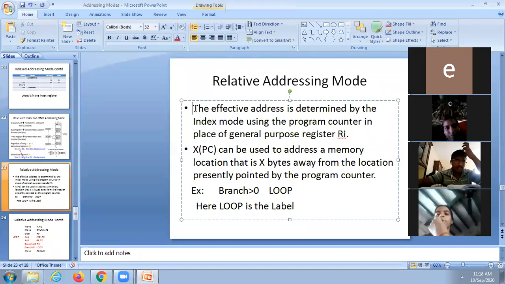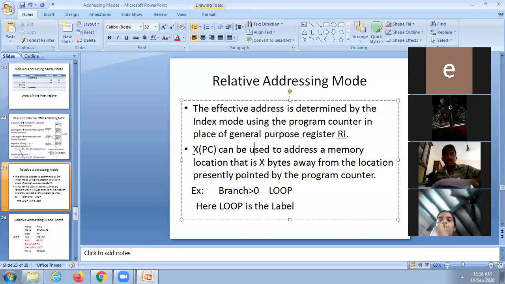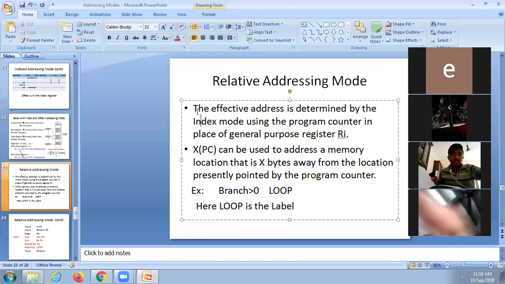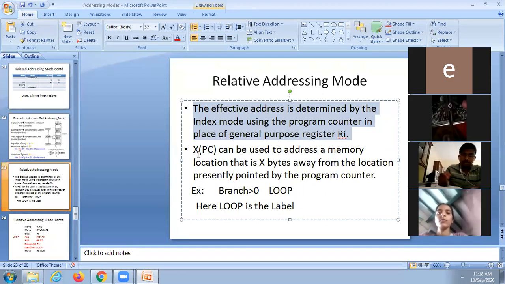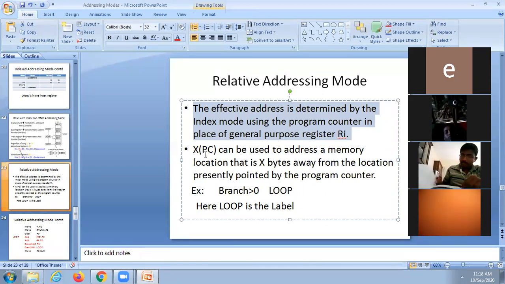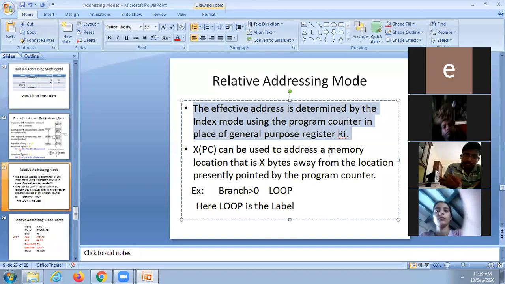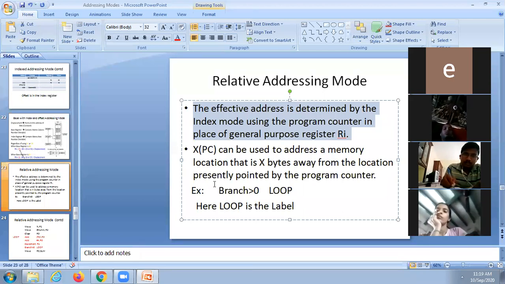This you need to write. Only these two are sufficient. This you can note down. Next, X of PC can be used to address a memory location that is X bytes away from the location presently pointed to by the program counter.